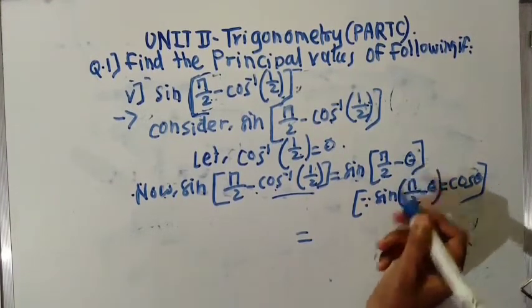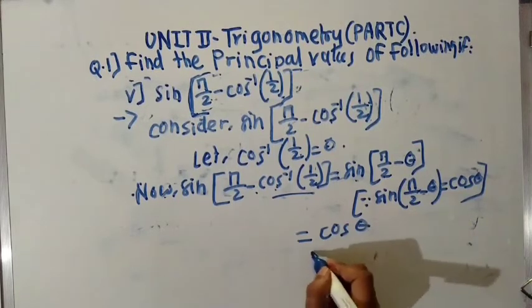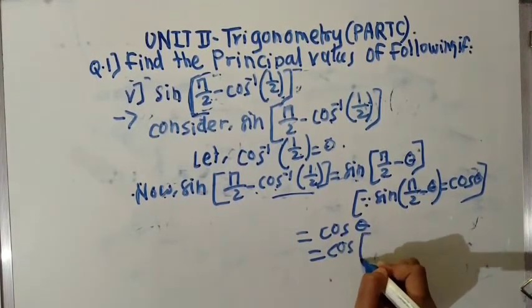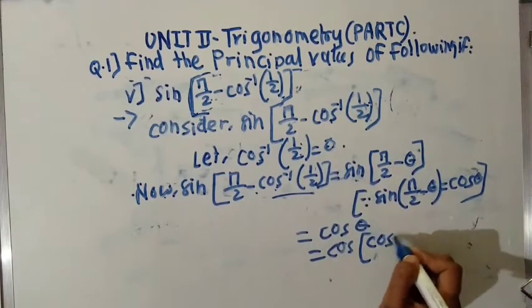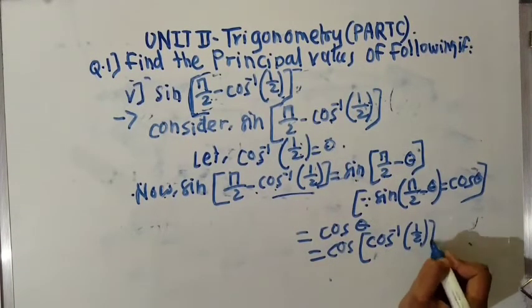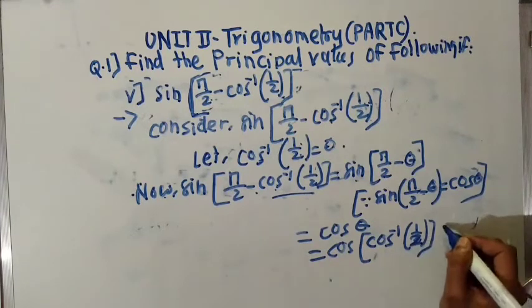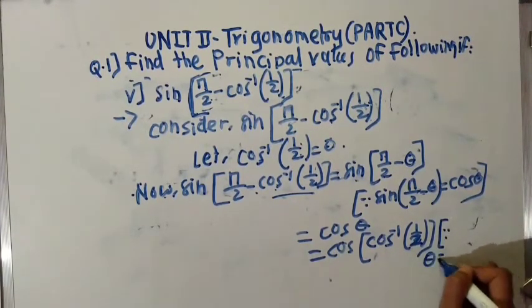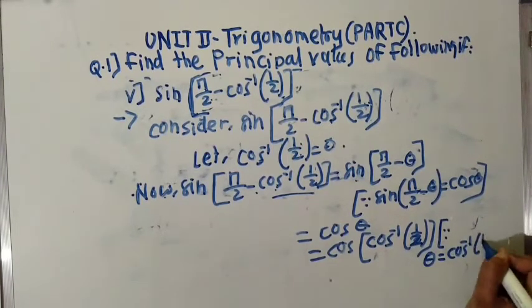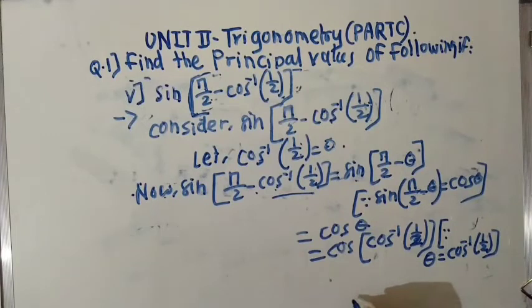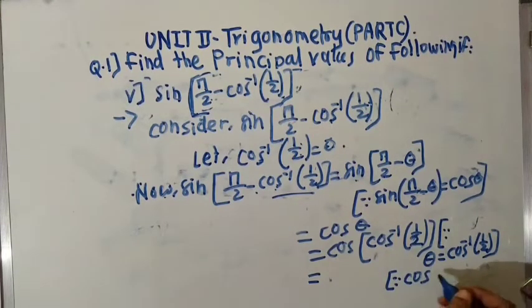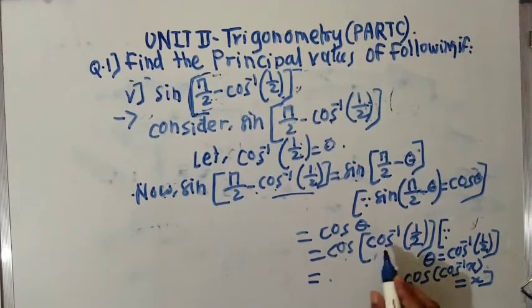Here theta is cos inverse of 1 by 2, and we know that cos of cos inverse of x is equal to x, hence cos of cos inverse of 1 by 2 is 1 by 2.